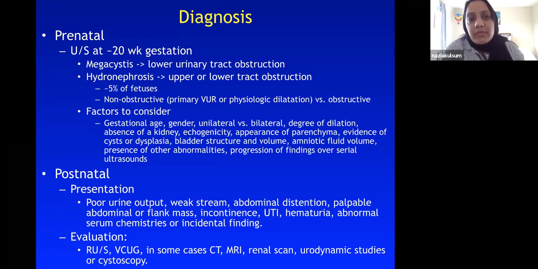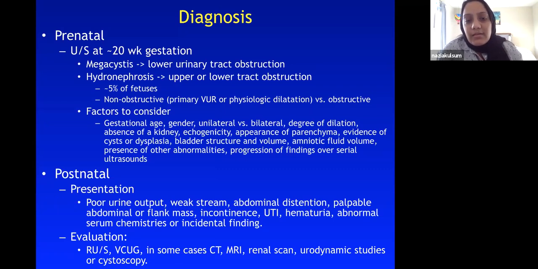Also consider that if you have a normal anatomy scan at 20 weeks, but you have a history of oligohydramnios, a family history, an IUGR baby or a dysmorphic baby, then it is also important to do a postnatal sonogram.